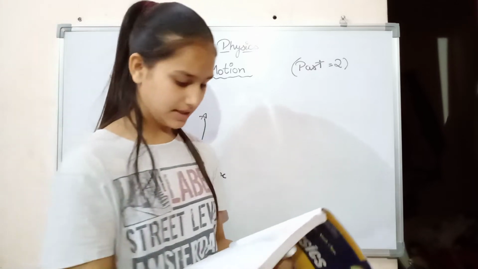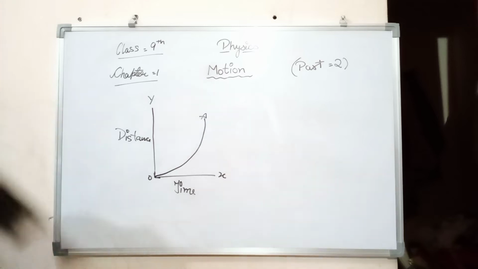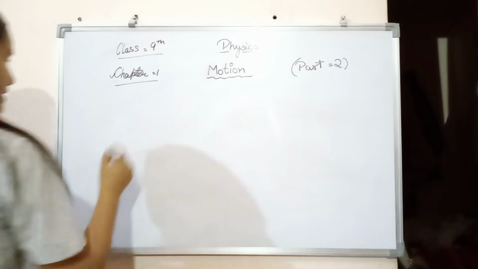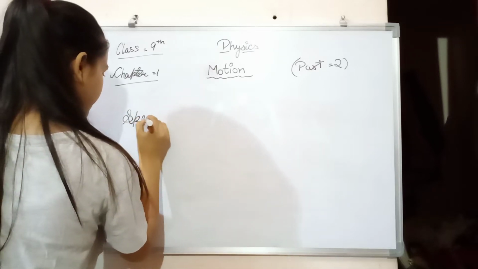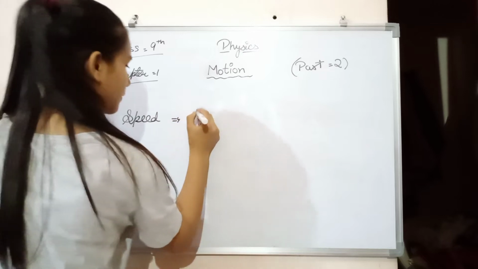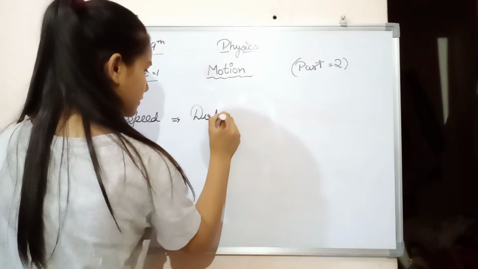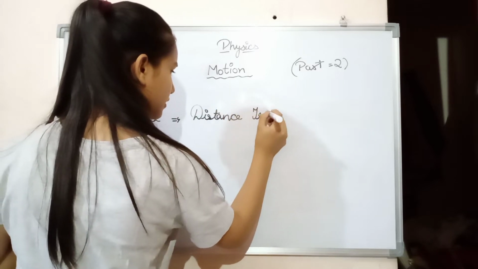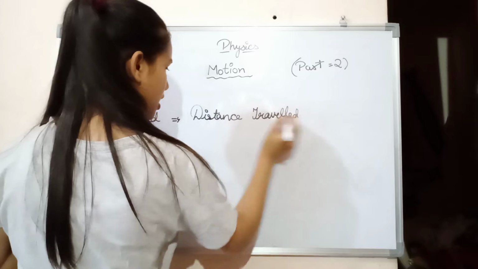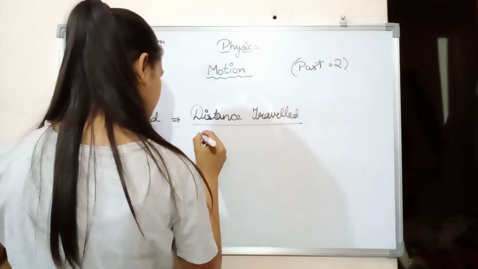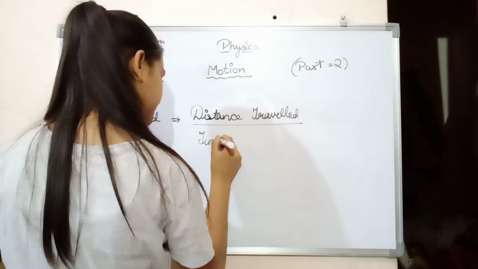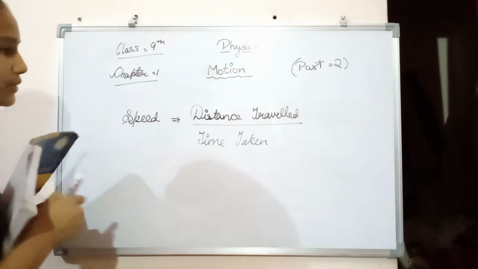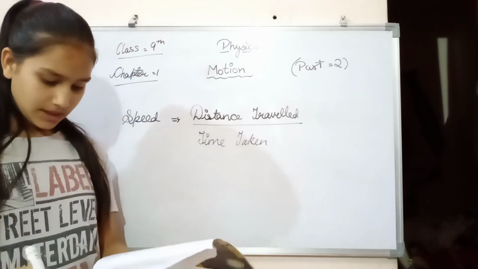So the formula for speed is: speed equals distance traveled upon time taken. So this is the formula of speed.